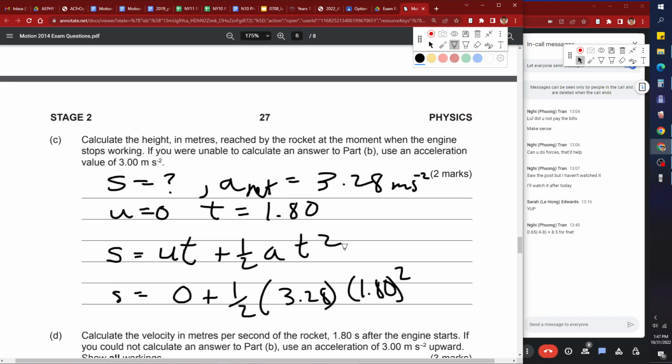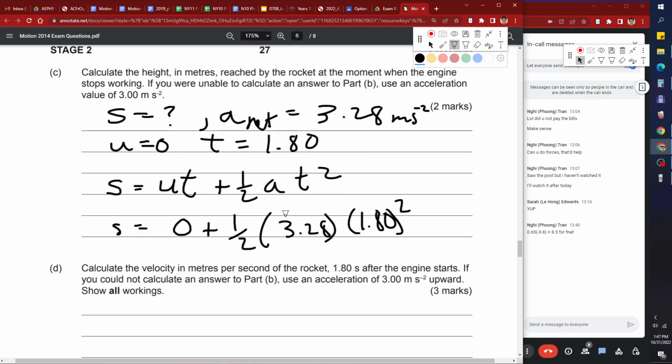It's so easy to miss it. Just look and double check that you have that. That's why I like to put my numbers with the brackets so I know exactly what I'm substituting, and anything I substitute still has any indices affecting it. Okay, so using that equation with those variables in there, I should come up with 5.31 meters. Yeah, that's it. It wasn't a very long burn there.